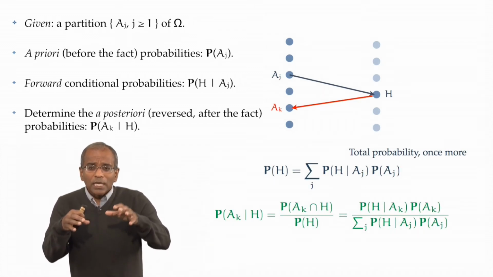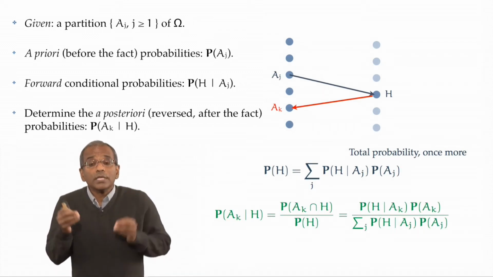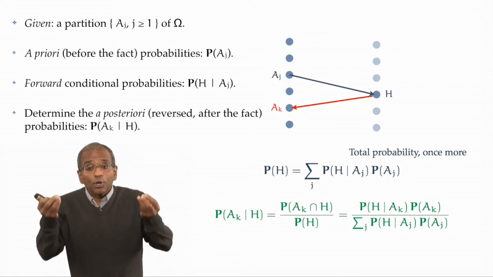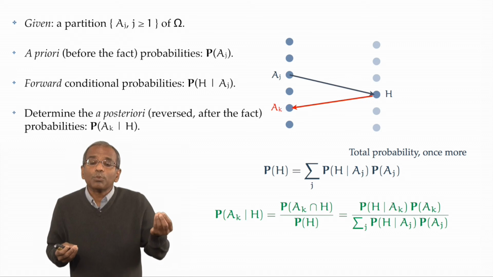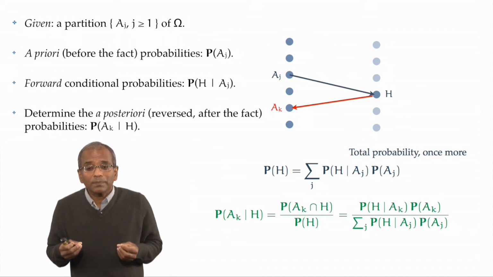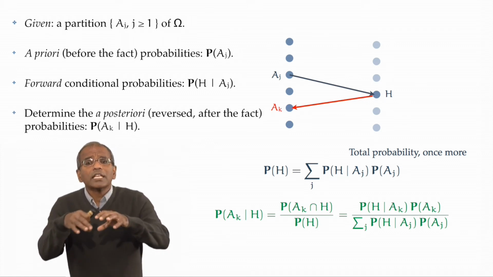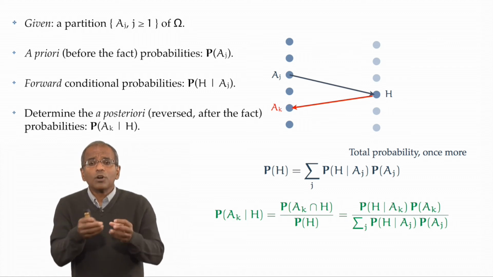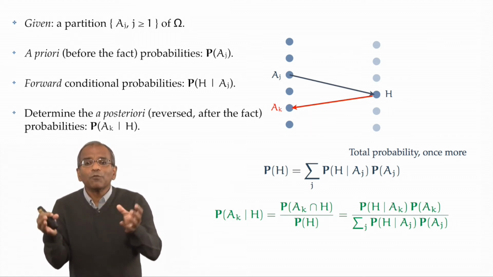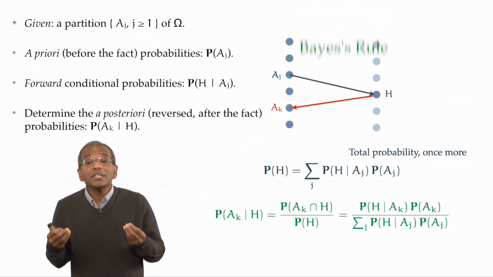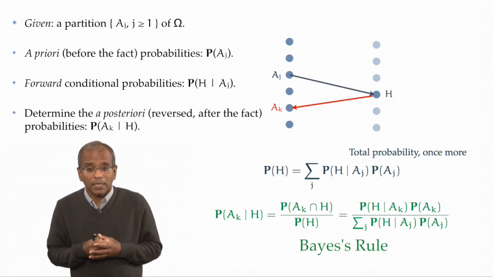And you'll notice that on the right, the only terms that appear are the a priori probabilities and the forward conditional probabilities that are known to us. We now have an explicit mechanism for reversing the direction of conditioning. This formulation is called Bayes' rule for events.